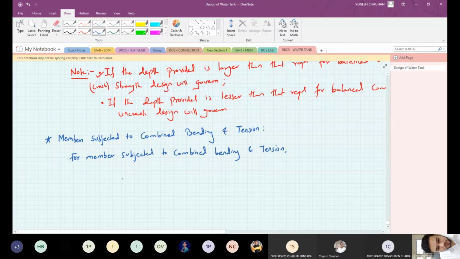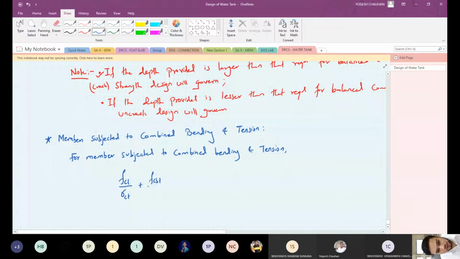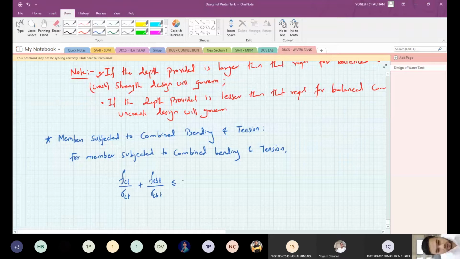The interaction formula is σcat/σct plus σcbc/σcbt, and this should be less than or equal to 1.